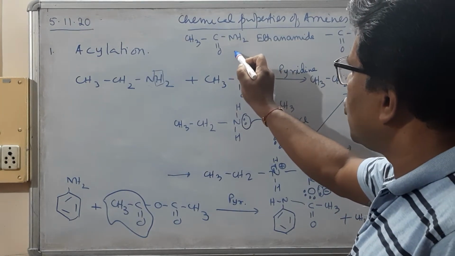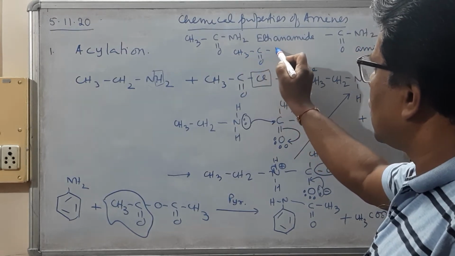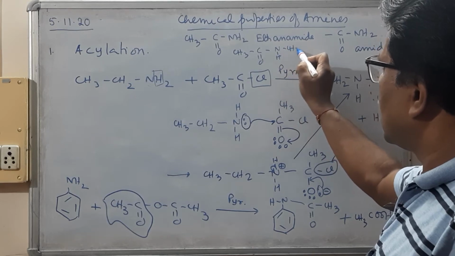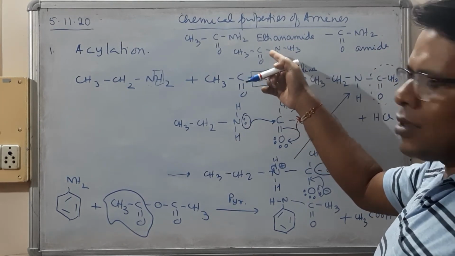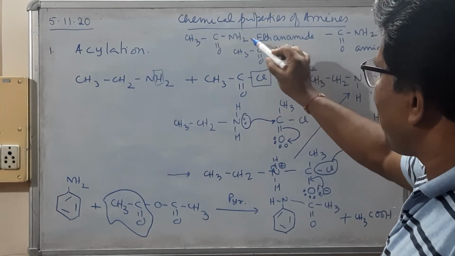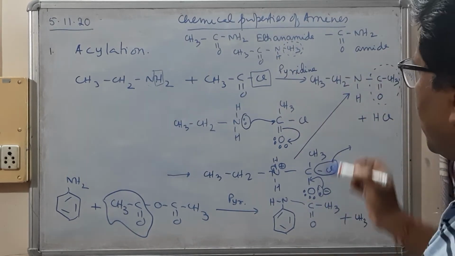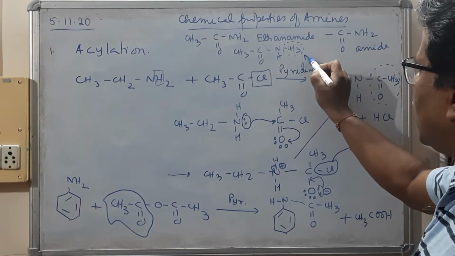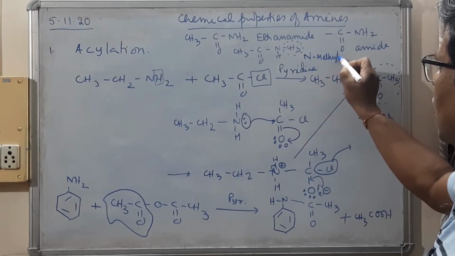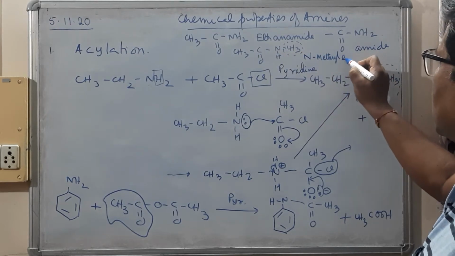And suppose we have now, say, this compound. So this is also an amide, a substituted amide. Now here there is a methyl group. So its name will be N-methyl ethanamide.